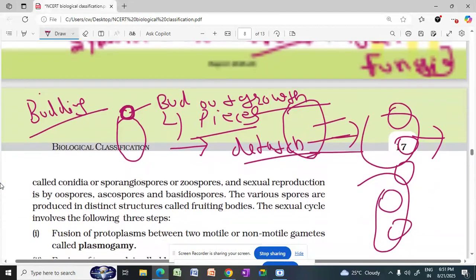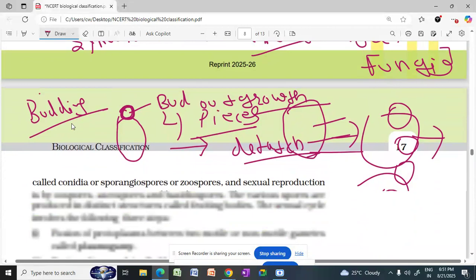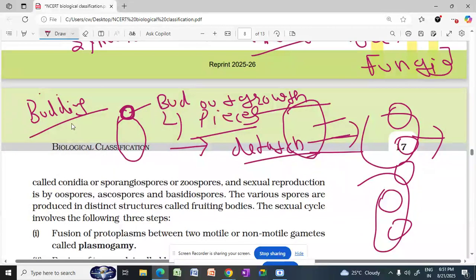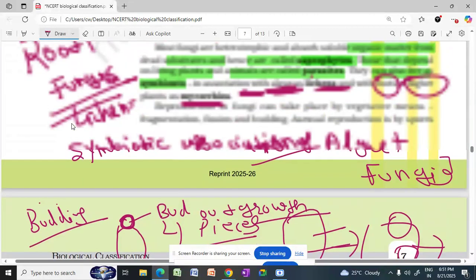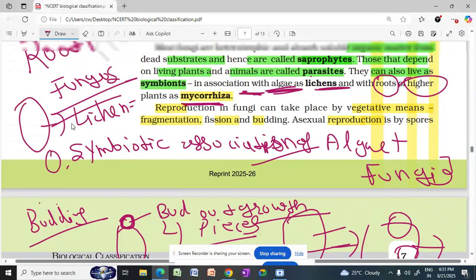Fission is a form of asexual reproduction where a single celled fungus divides into two identical daughter cells. So I have the single celled fungus, and that will divide into two identical daughter cells. That is binary fission. Binary means two.